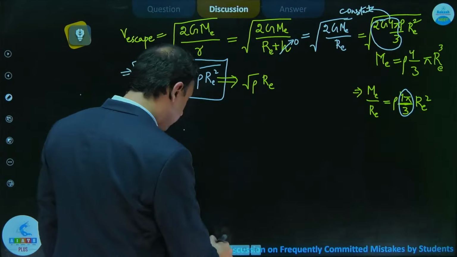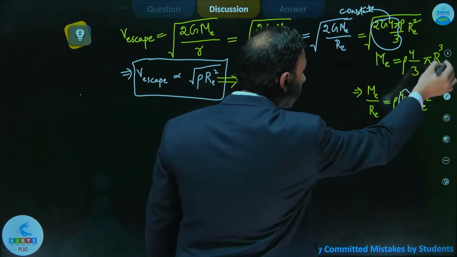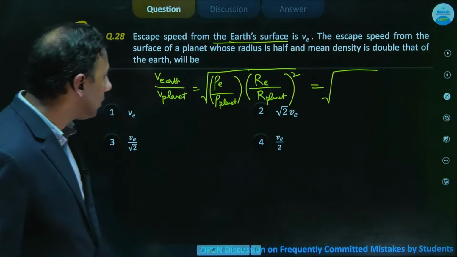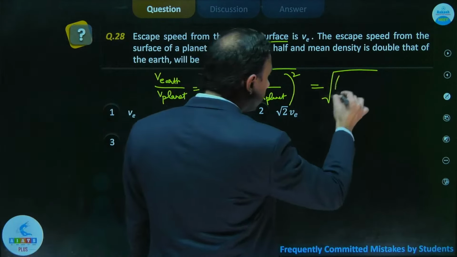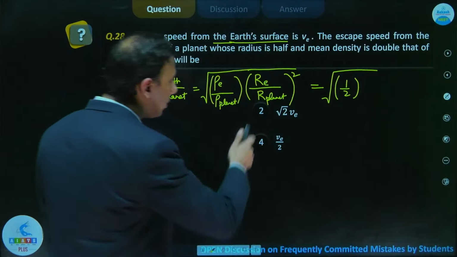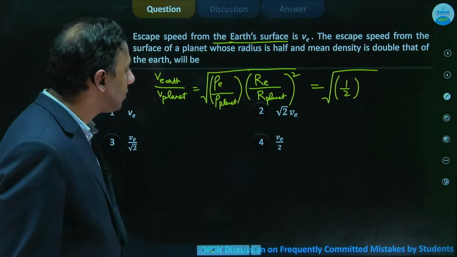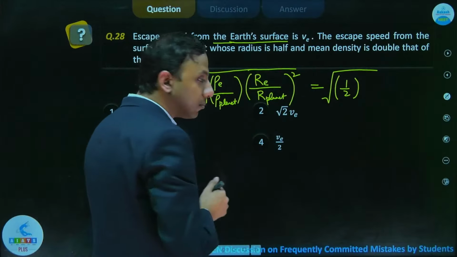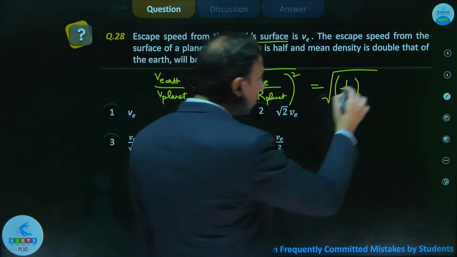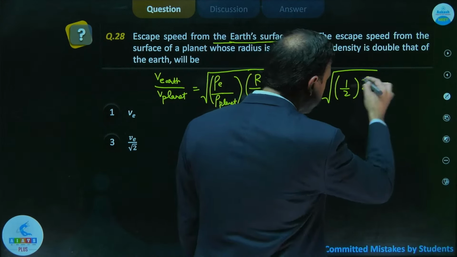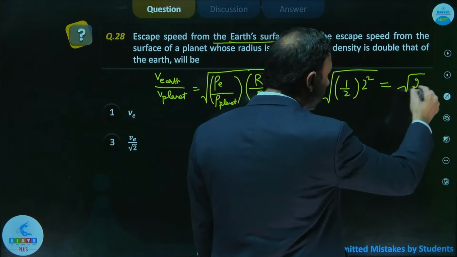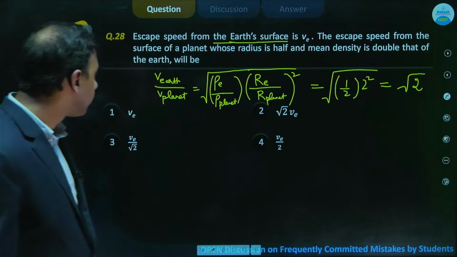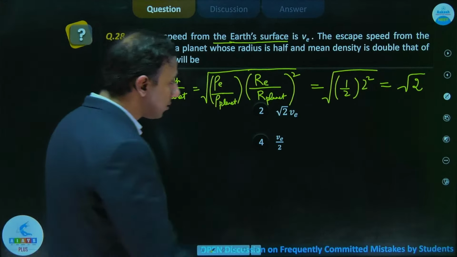Let's come back. Density of planet is double, so 2 rho e, so this will become 1 by 2, and radius of planet is half, so this will become 2 times. So 2 square, that is 4 by 2 is 2, under root 2. So what is velocity of planet?